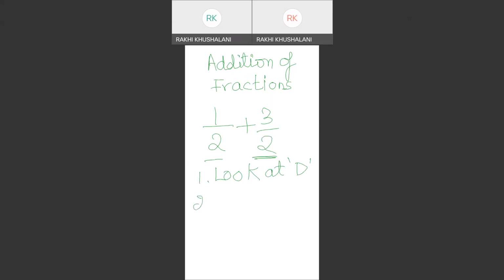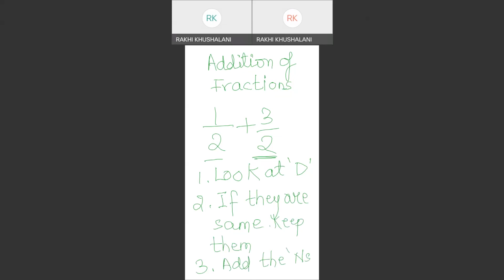Now, second step is if they are same, keep them. Third step is add the numerators. I'm writing n and small s, which means add the numerators.